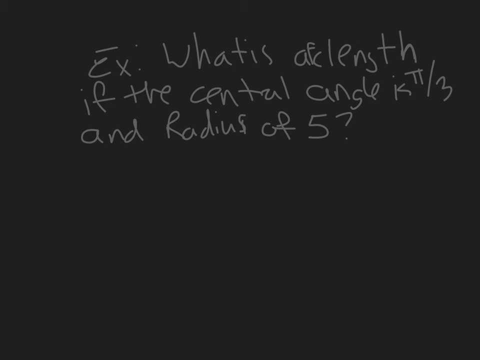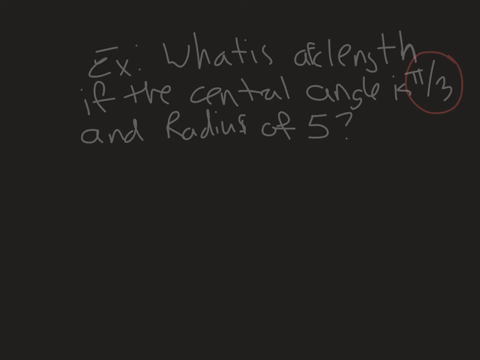So, to reiterate my point here, we've got an example. I want to know what is the arc length if the central angle is pi over 3 and the radius is 5. So, if we're looking at this, we would have the option to convert our radian, pi over 3, into degrees, and then use the degree formula. And if you prefer to do that, by all means, go ahead and do so.